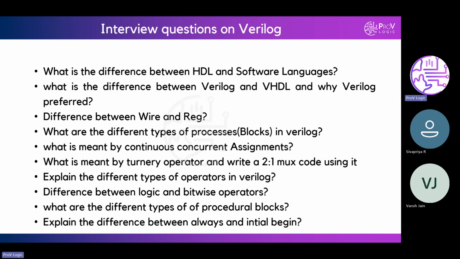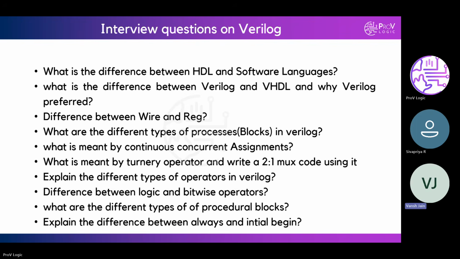Not procedural blocks, processes. Different types of processes or blocks. Do you mean data flow models? Those are abstraction levels. I'm talking about blocks, the different types of blocks or processes in Verilog.